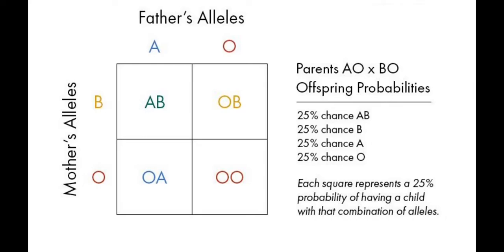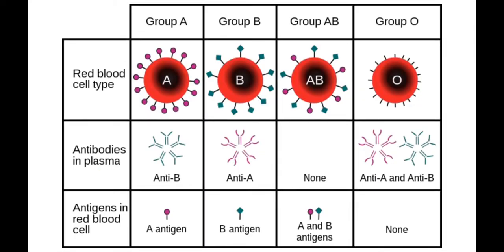Then the child has a probability of 25% to get a combination of A and B, so both genes will be present, and then the blood type will be AB. Another 25% will be type B, in combination of O and B, with O recessive and B dominant, so it is B. Then 25% the blood type will be A, in combination of O and A with A dominant, and 25% a combination of OO, so it means pure blood, no genes responsible for production of these proteins.